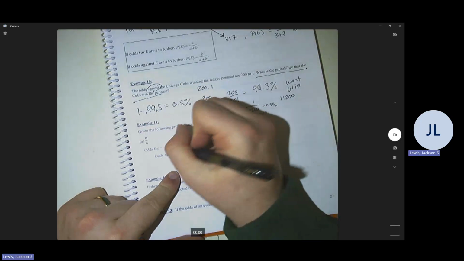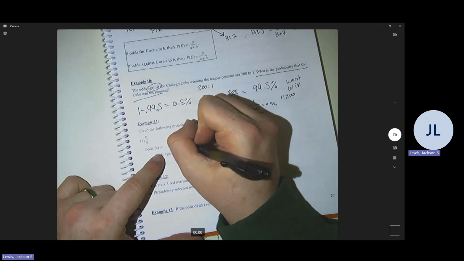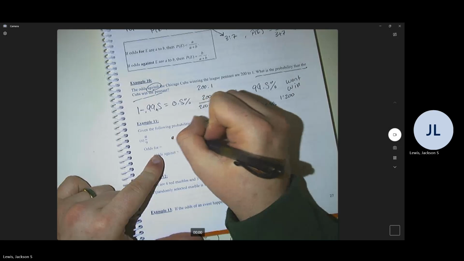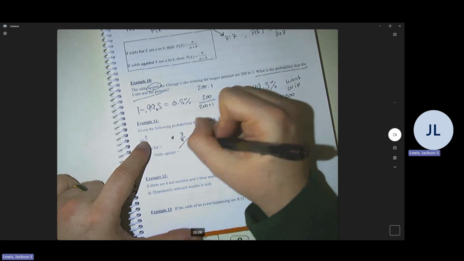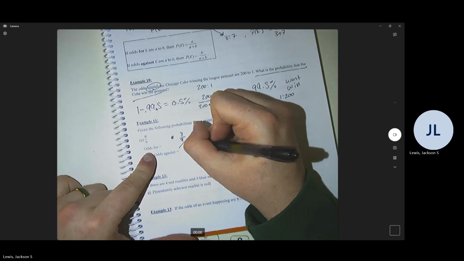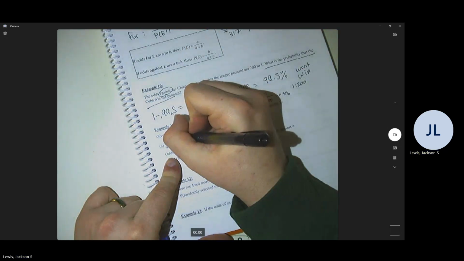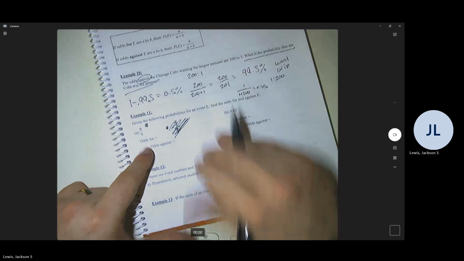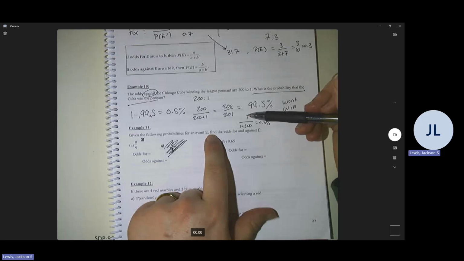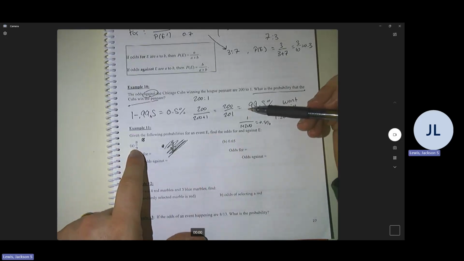So if the probability of something happening is 8 over 9, the odds for are... I'm confusing myself. One second. Given the probabilities for event E, find the odds for and against.